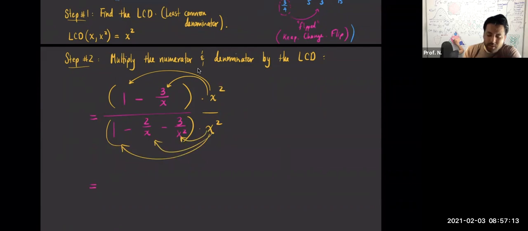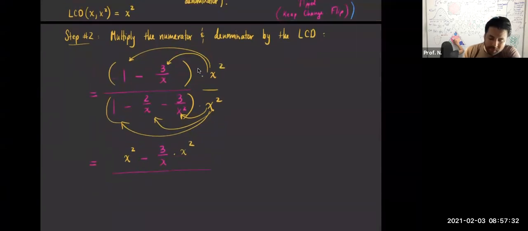What happens? Well, when I distribute x squared with 1, I get x squared. And then when I multiply this here, I get 3 over x, but I have to multiply this by x squared. Then I'm going to do the same thing again on the bottom, multiply by x squared and distribute. I get x squared and x squared.